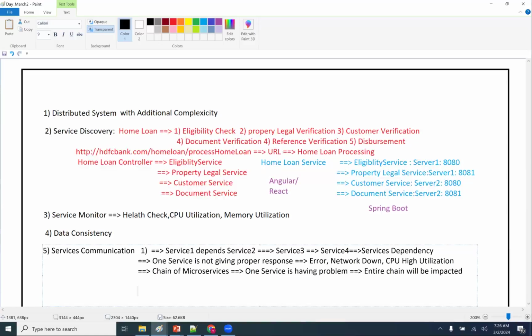So we need to have data communication. What do you mean by data communication?